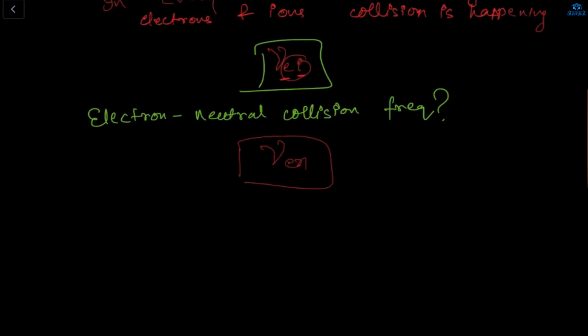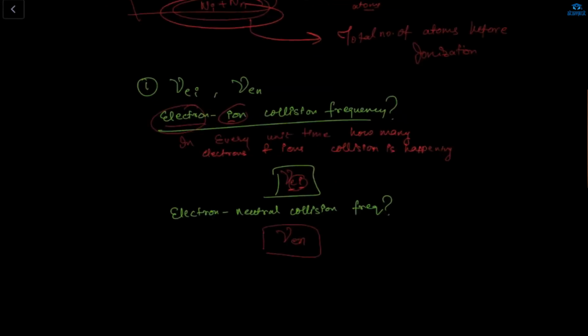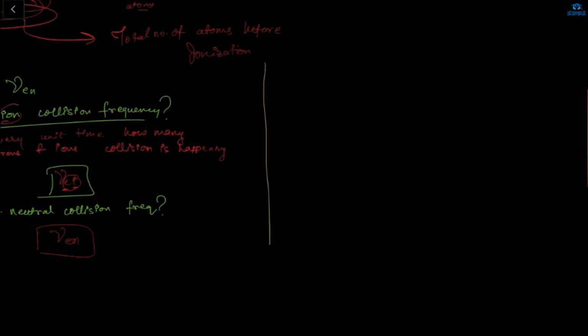Now, these two will decide which is fully ionized and which is partially ionized. These two will decide whether fully ionization is happening or partially ionization is happening. How come? Let's see.